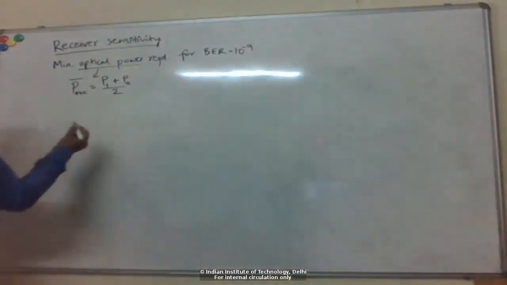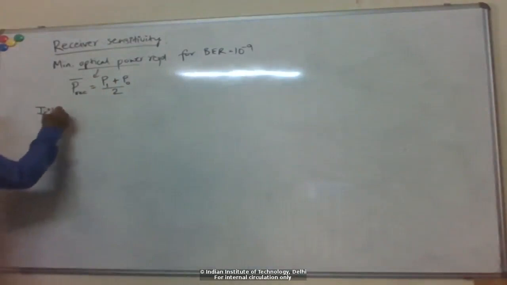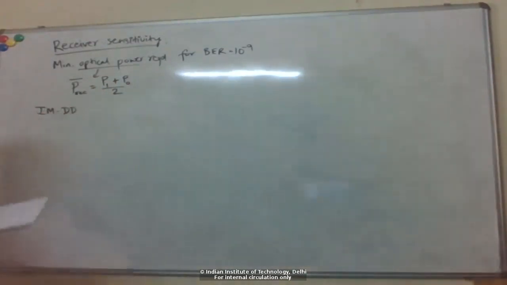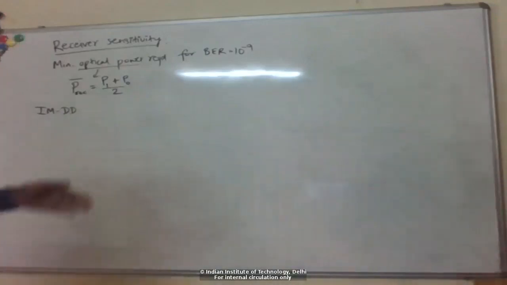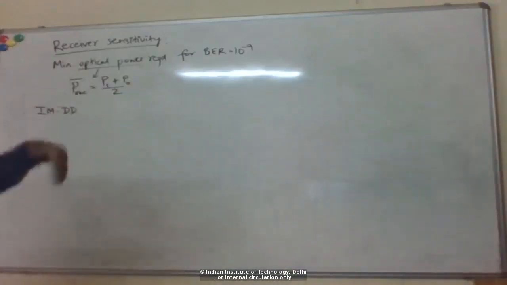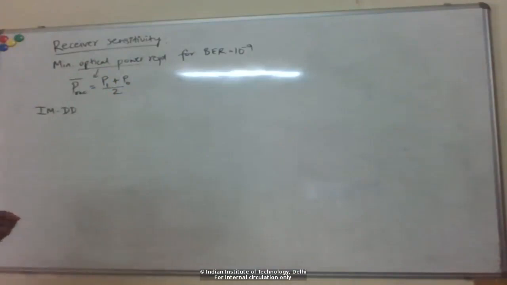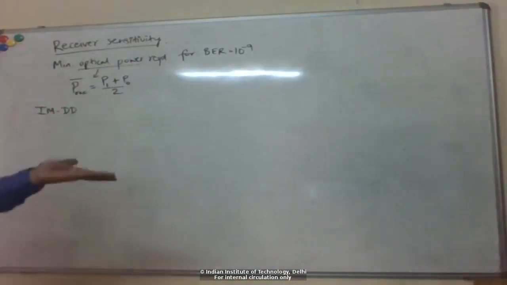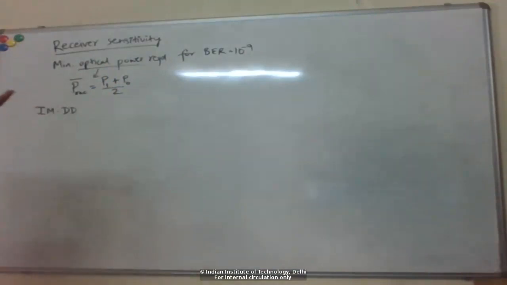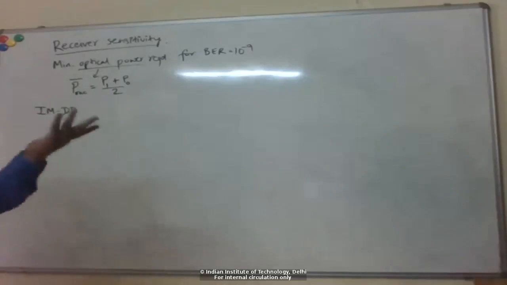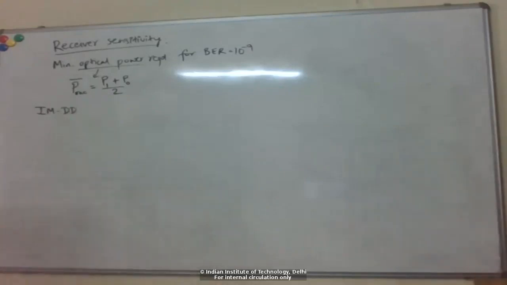Okay, so if you have a simple, what is known as IMDD, right? So intensity modulation direct detection. So bit 1 is transmitted with some optical power. Bit 0 is basically we don't transmit any optical power. And then we do direct detection at the photoreceiver. So the photocurrent is high for bit 1 and then low or close to 0 for bit 0.